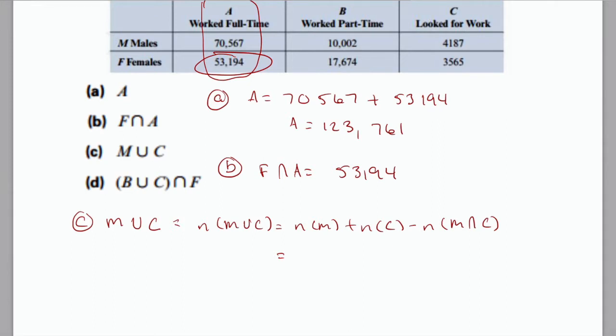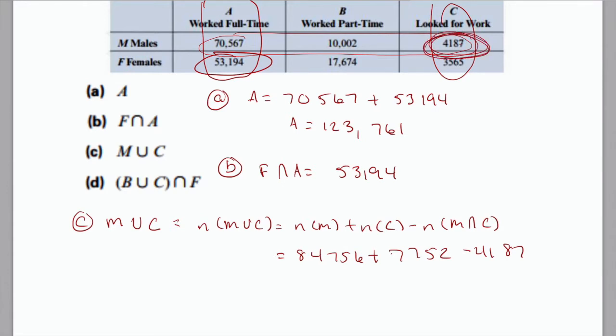Males are 84,756, plus the number of those looking for work, which will be these two right there, so it's going to give me 7,752, minus the intersection, which will be 4,187, because we're looking for the males and the intersection, which is right there.